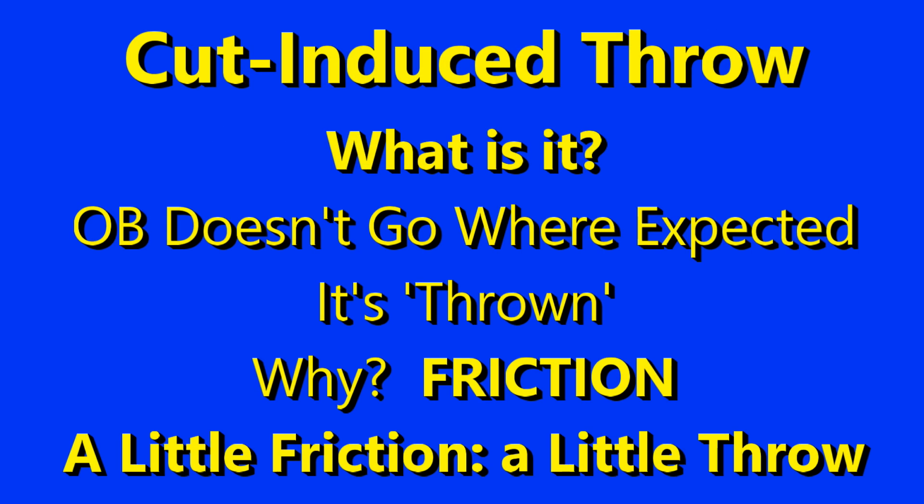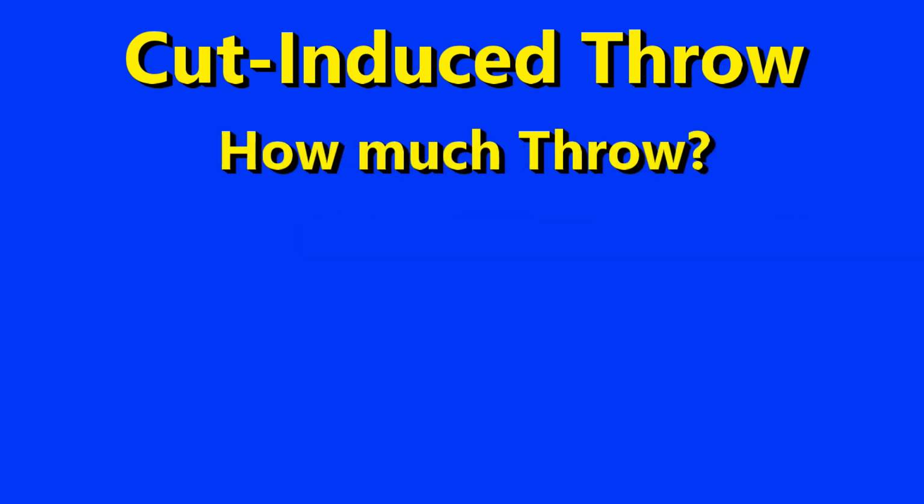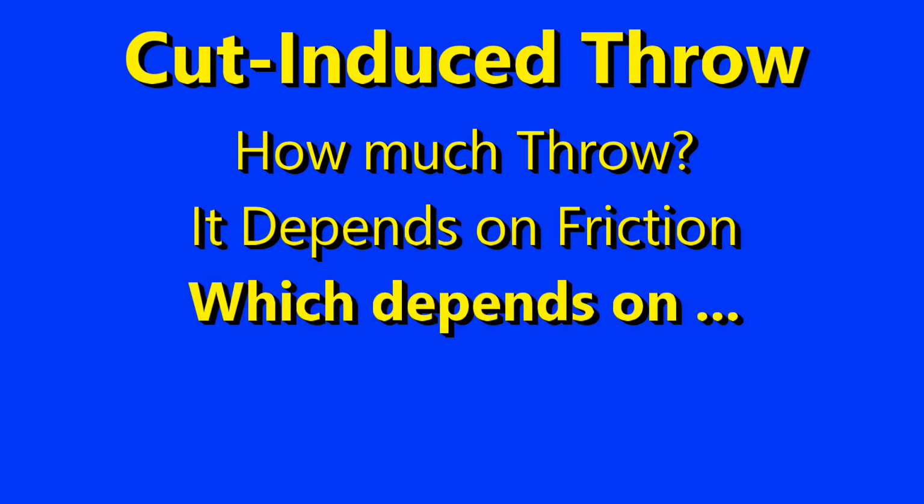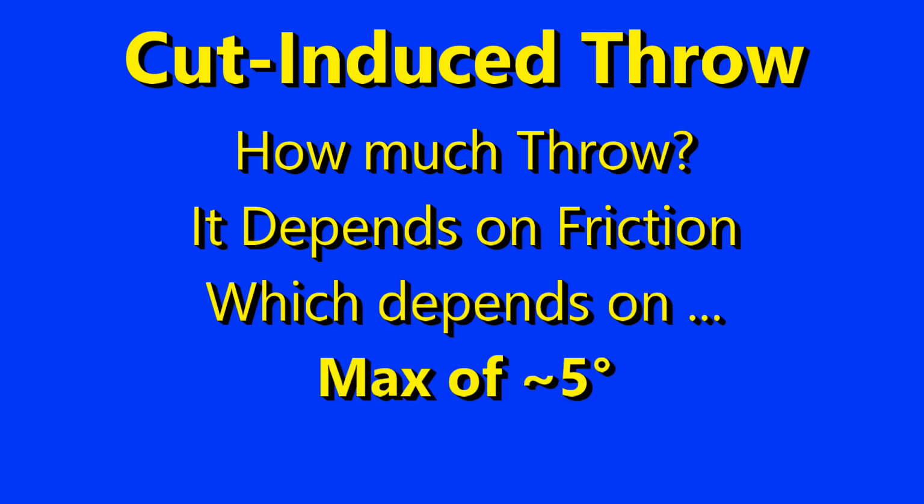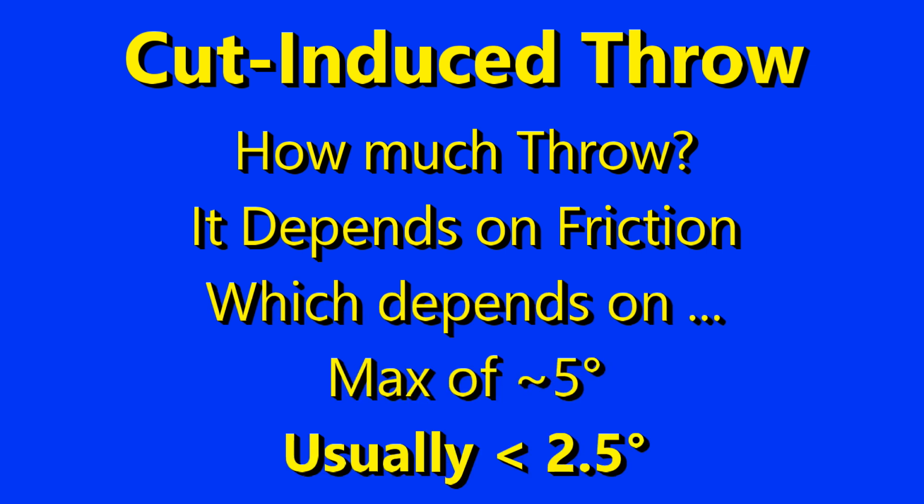But because there's a little bit of friction, there's a little bit of the ball going in the direction of impact, like a cue ball going in the direction of a normal cue tip hit, just a little. So the ball goes long by just a little. How much depends on the friction, and that depends on various factors discussed later. In the very worst case, it can be up to almost 5 degrees, but it's usually 2.5 degrees or less.